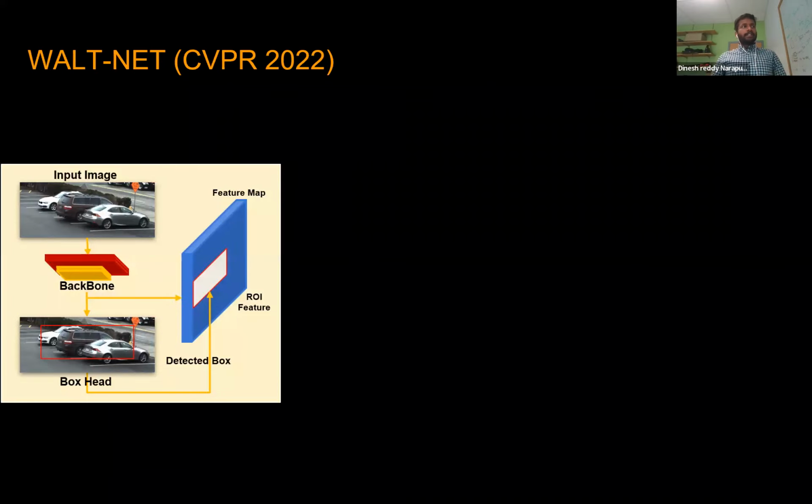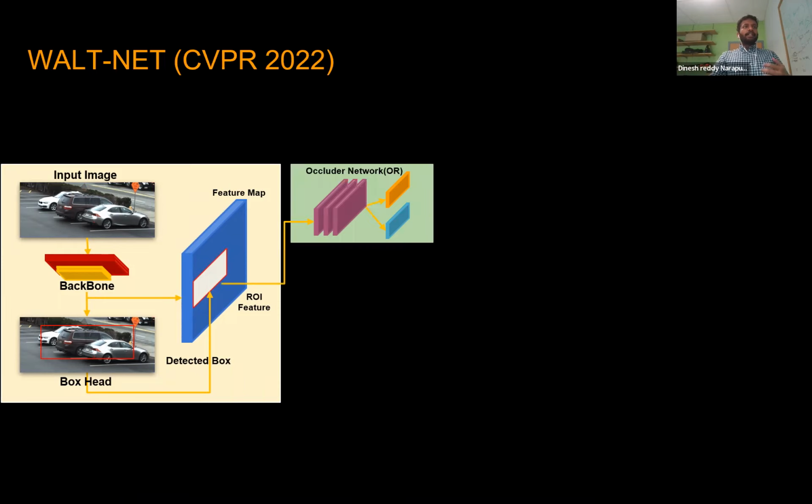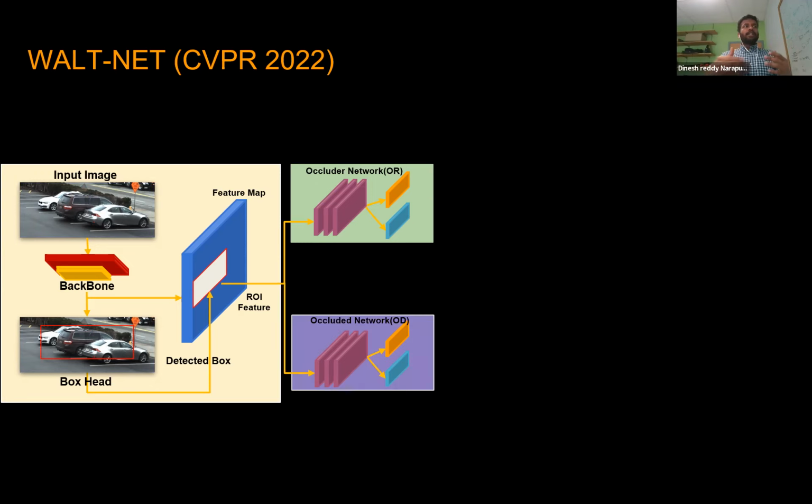So how do we train this network? It's a very simple network. It's not anything fancy. We just take an input image. We have a box detection, and then we have three heads, similar to how Mask R-CNN has a mask head or something like that. We have three different heads: the occluder, which is the object occluding the object of interest, and then the occluded, which is an object behind all these objects.